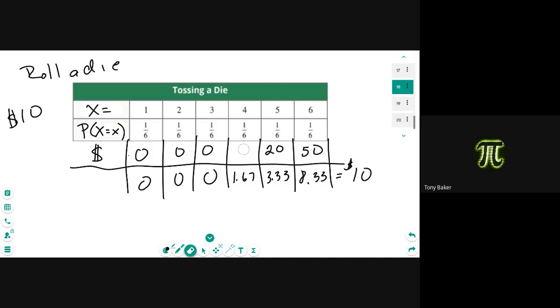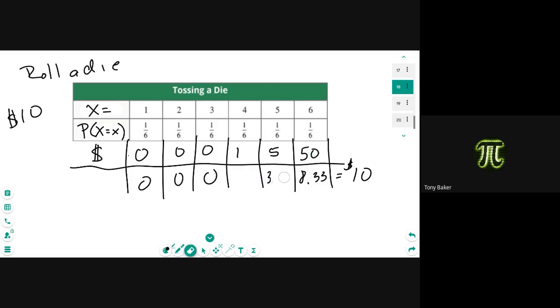So if I change this to $1 and $5, but I change this to, say, well, we can leave it at 50.